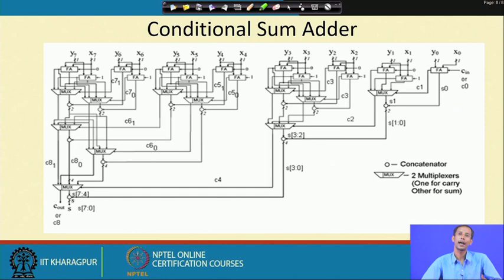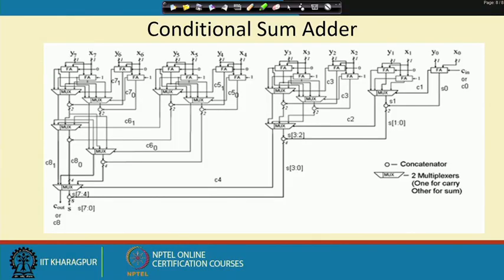That means, though I am increasing the number of bits, my delay is not increasing that much. For 32 bit, the delay increment will be just one multiplexer delay.